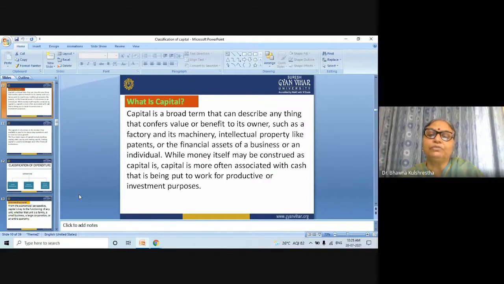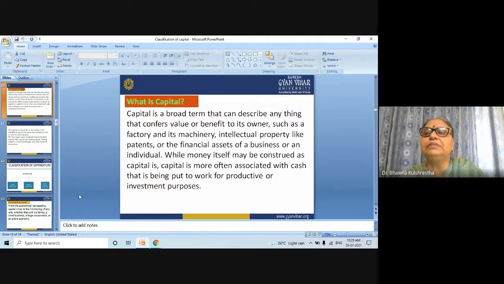It is more often associated with cash that is being put to work for productive or investment purposes. In general, capital is a critical component of running a business from day to day and financing its future growth.